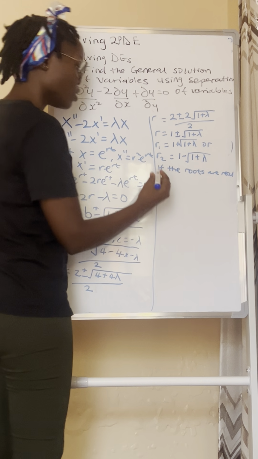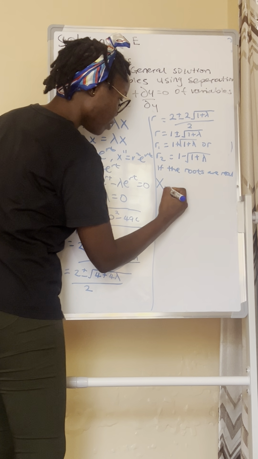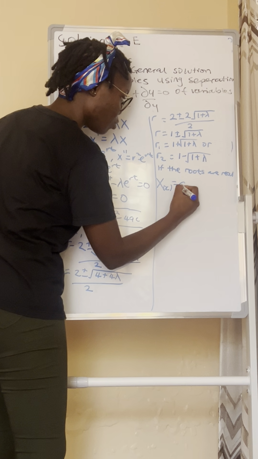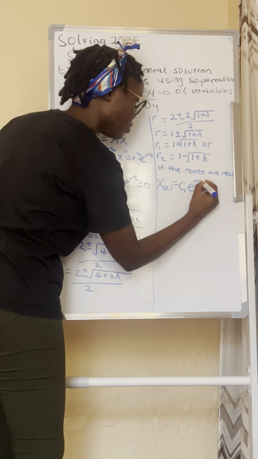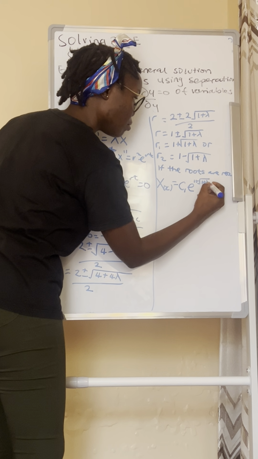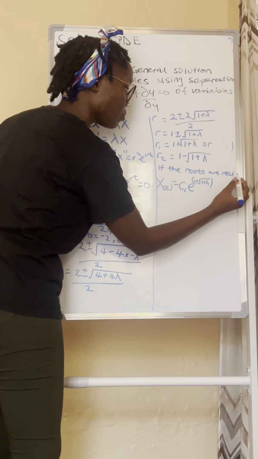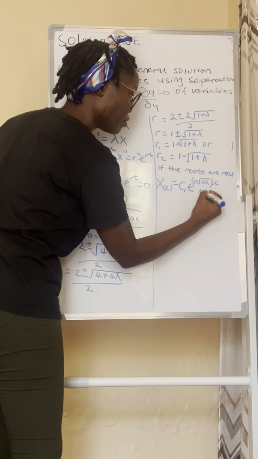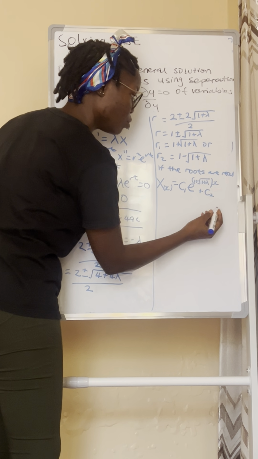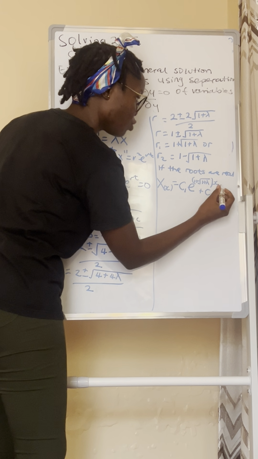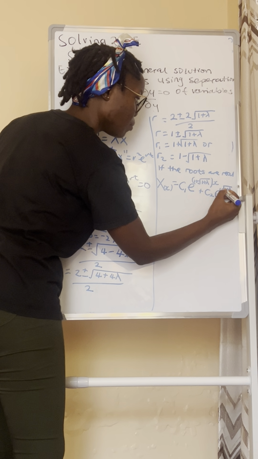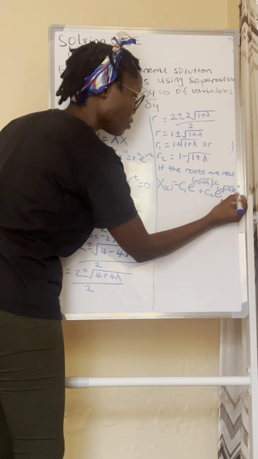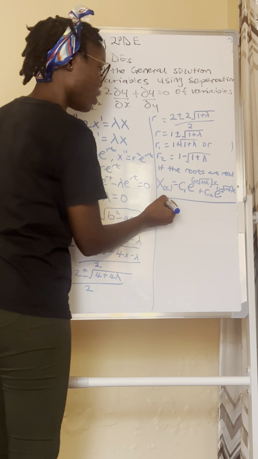The general solution gives us the function of x when it's real roots: a constant c1 times e to the r1, which is 1 plus the square root of 1 plus lambda, x, plus constant c2 times the exponential function with 1 minus the square root of 1 plus lambda, x. This is our general function of x.